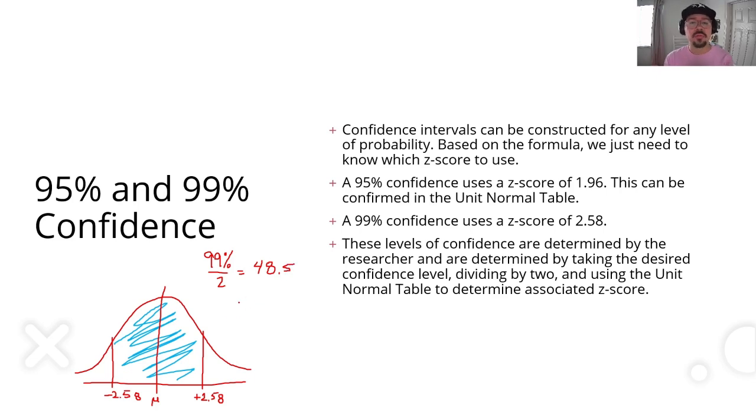So the relevance of 48.5 is that, remember that you can use the unit normal table, right? And you can find the area between the mean and a z-score, or even beyond the z-score. The area between the mean and z, which is represented by column B, for a z-score of 2.58 equals 48.5%.